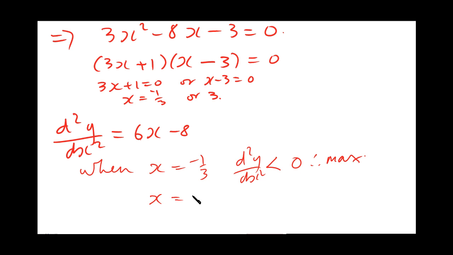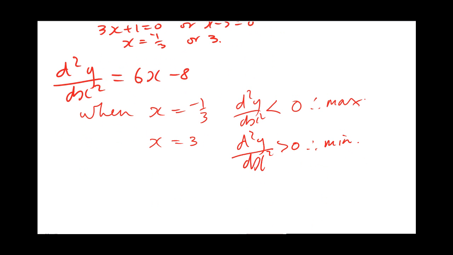And when x equals 3, we find the second differential is greater than 0. Put it in: 3 times 6 is 18, minus 8 is 10, that's positive. So therefore we have a minimum turning point. So x is minus a third, a maximum, and x equals 3, a minimum.